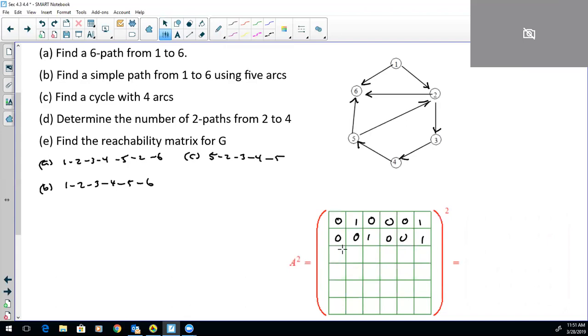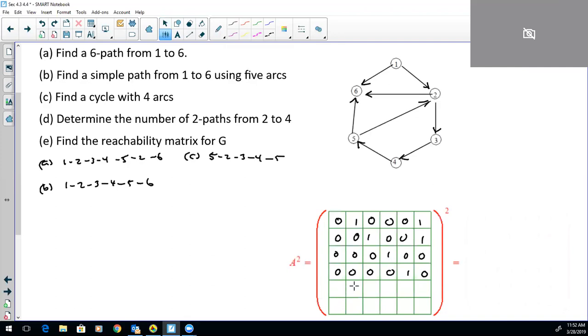Okay, now we're headed out of vertex 3. 3 doesn't go to 1, 3 doesn't go to 2, 3 doesn't go to 3, it does go to 4, but that's it. 4, there's no arc from 4 to 1, or 4 to 2, or 4 to 3, or 4 to 4, but there is from 4 to 5, but not 4 to 6.